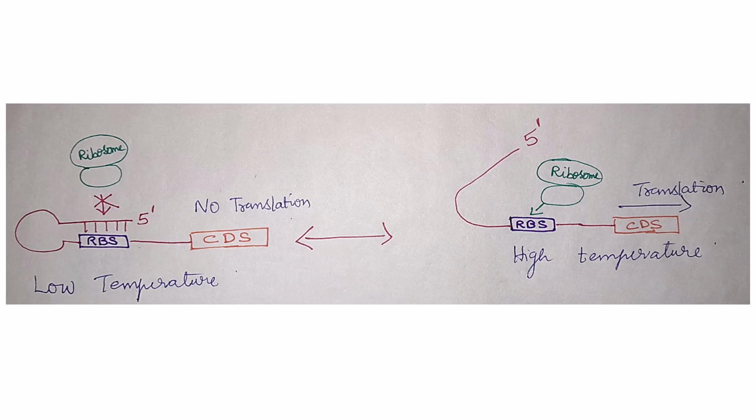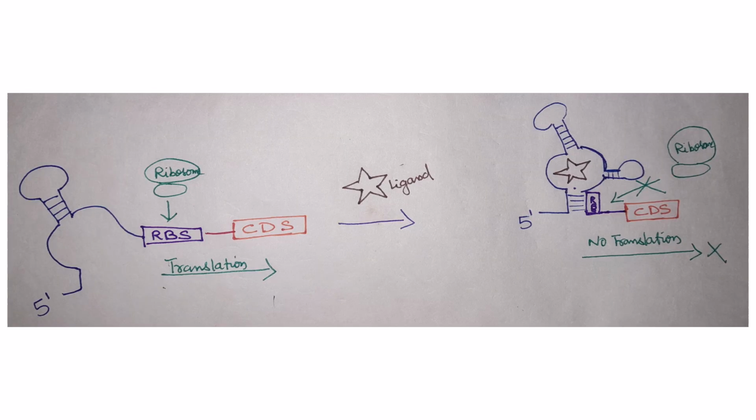Now there is another cis-acting regulator, called the riboswitches. The riboswitches are also non-coding RNA and are found at the 5' UTR of the mRNA, and they have an aptamer domain, which is highly specific for a ligand.